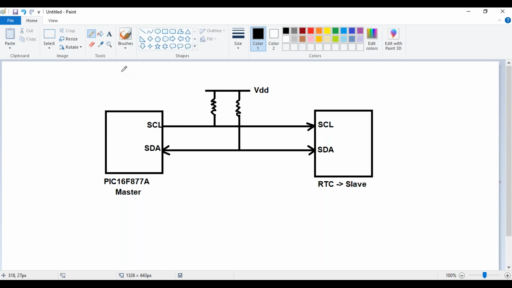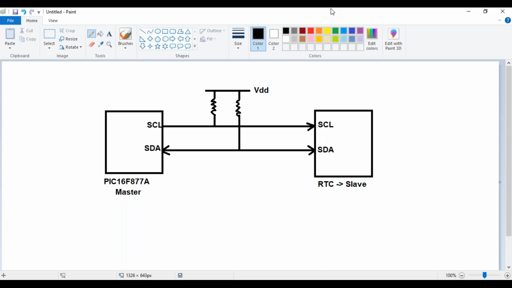Now, let me give you a small requirement. RTC stands for real time clock, and the task of the RTC always is to calculate the running time. I have a master, the PIC16F877A microcontroller, which is capable of generating the clock pulse.